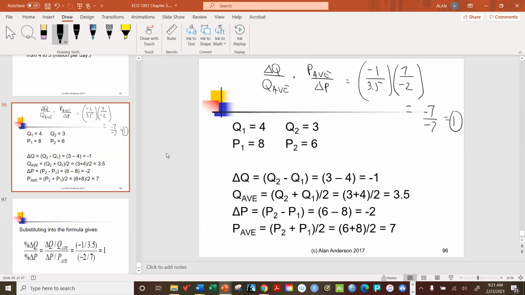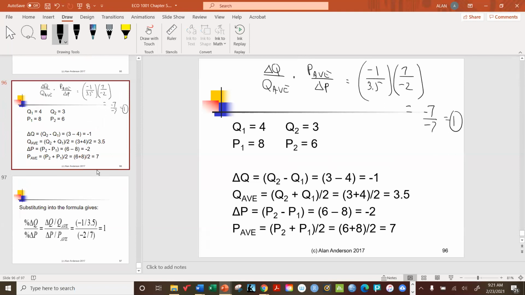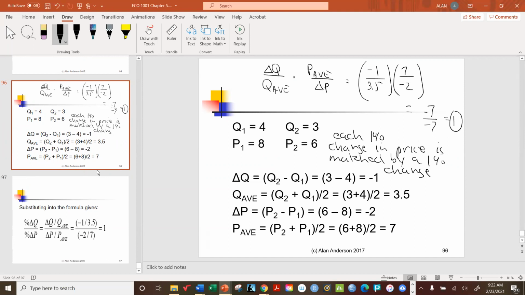And of course, we do have a classification scheme for the price elasticity of supply. It's the same kind of idea. This is unit elasticity, but here what really matters is that each 1% change in price is matched by a 1% change in quantity supplied.